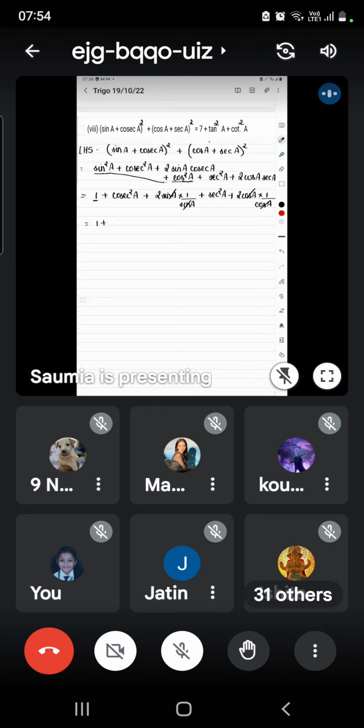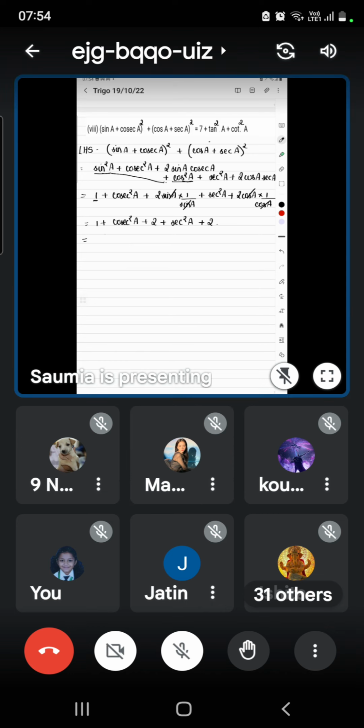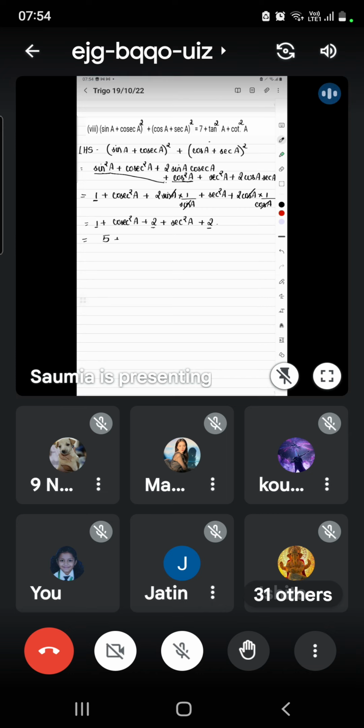So you have 1 plus cosec square A plus 2 into 1, 2, plus sec square A plus 2 into 1 as 2. Okay? Now what? Ma'am, we can use the identity cosec square A is 1 plus cot square A and sec square A is Yes. Now before that, I'm going to add these numbers. How much? I'll get 5. But what is the number that I need in the RHS?